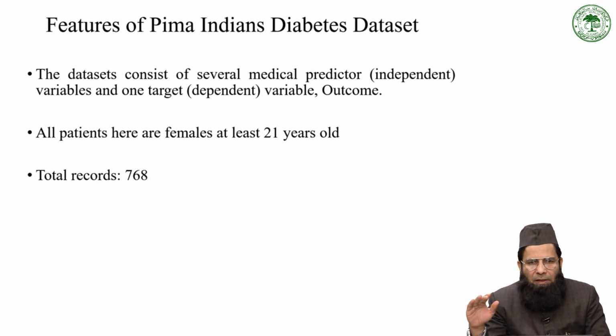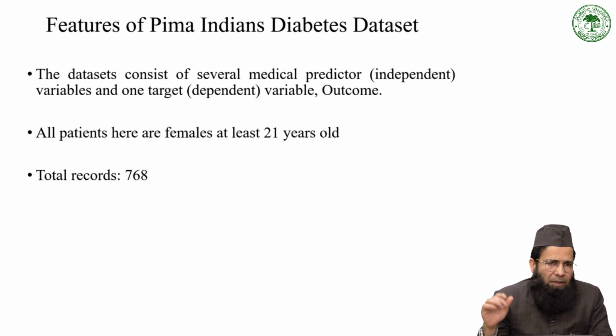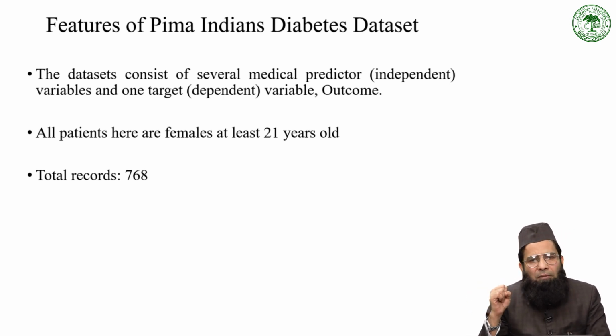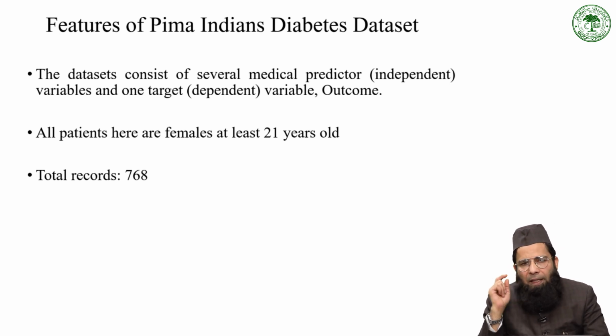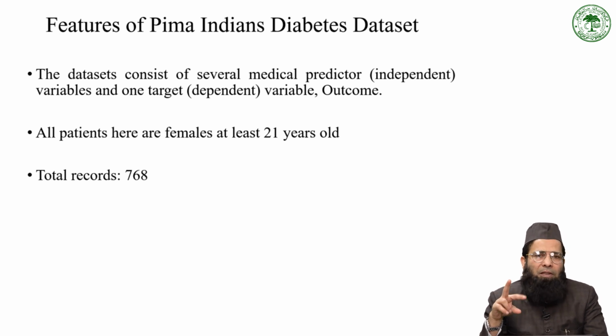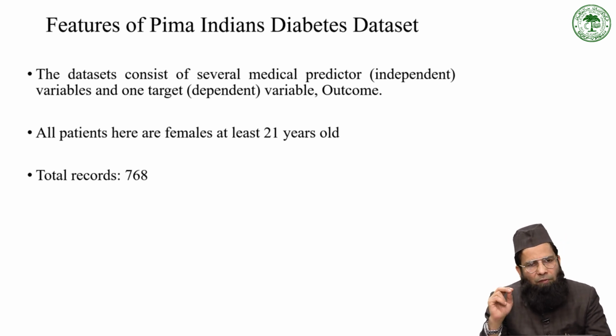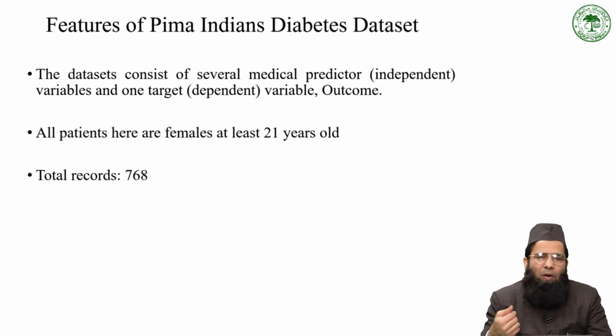So we have some independent variables and one dependent variable, that is outcome, and it is a binary classification type of problem, since it has only 1 and 0 values as far as outcome is concerned. So either the patient has diabetes or not.